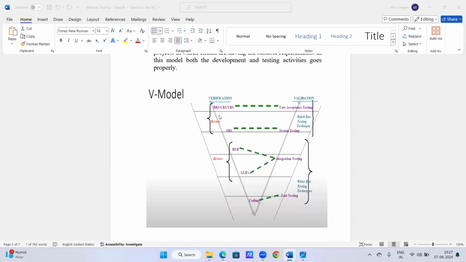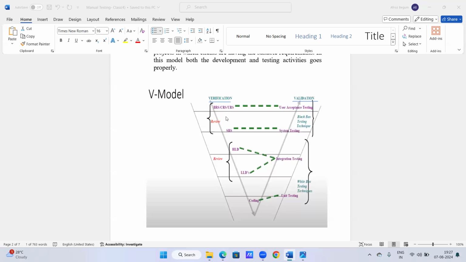So in the first phase, business people prepare the document, and the same people are responsible for conducting the testing. Business people only test the BRS document. They are responsible for conducting the testing on documents properly. So what will they review? Whether the document is correct or not, whatever content they have mentioned is correct or not, and if it is correct, then whether it is complete or not. That is going to be tested in the form of review. So that will be verified and that is a kind of testing.